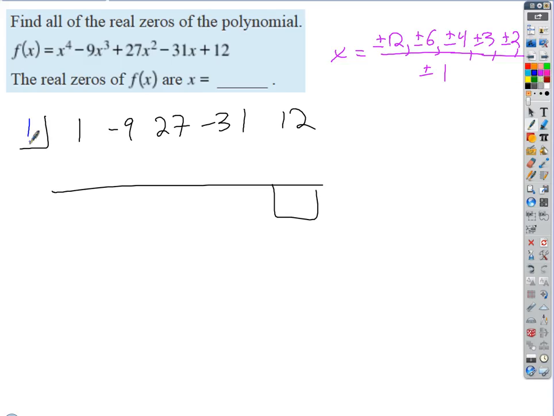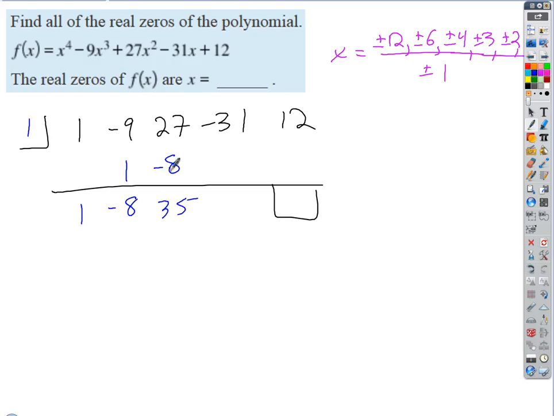How about try 1? So I bring down the 1. 1 times 1 is, what do I get here? -8. That's not going to work, is it? Shouldn't it be negative? Oh, yeah, you're right. -8. So let's see what that gives us. 19.